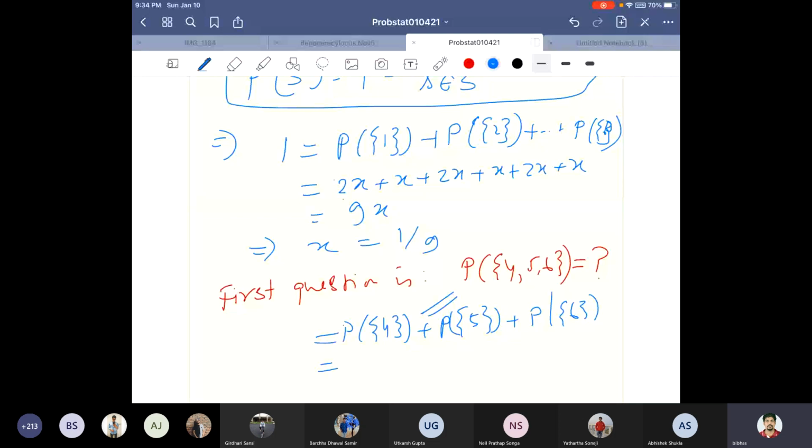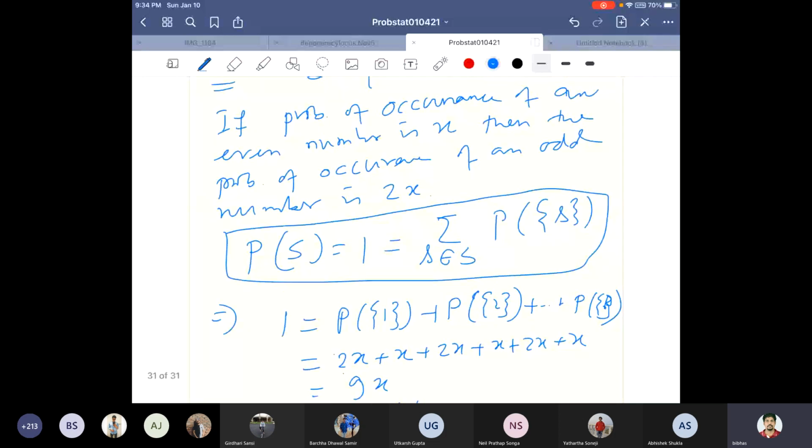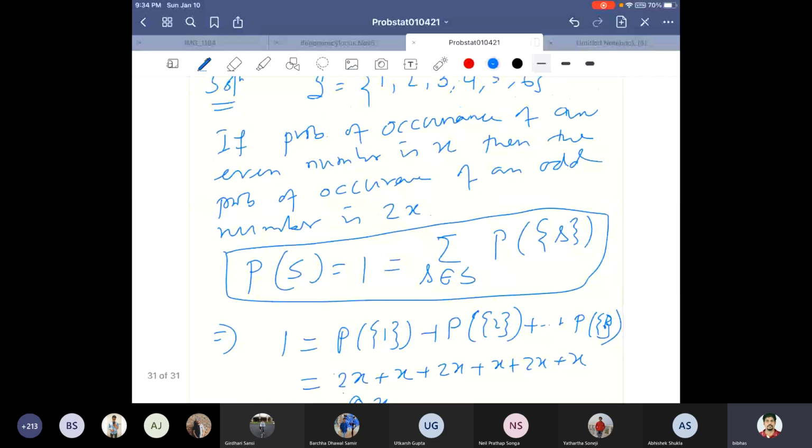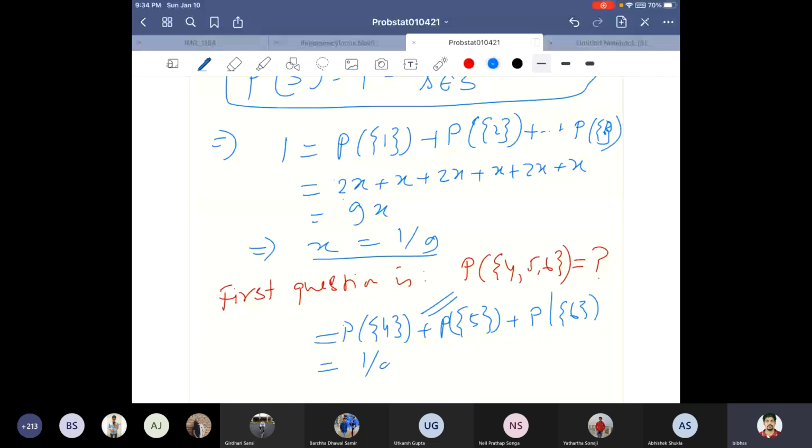For an even number I assumed it is x, for odd it is 2x, and I know the value of x is 1 by 9. The probability of 4 is 1 by 9, the probability of 5 is 2 by 9, and the probability of 6 is again 1 by 9, so it is equal to 4 by 9. That's my answer for the first question. Then what was the next question?